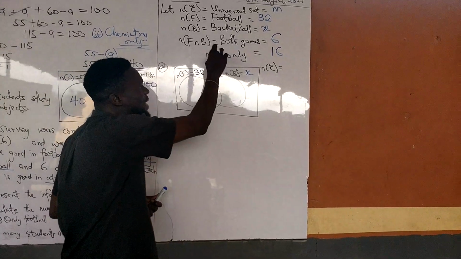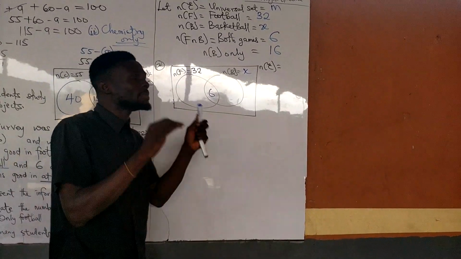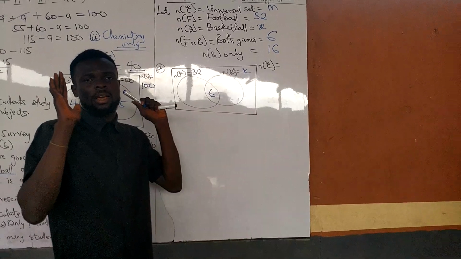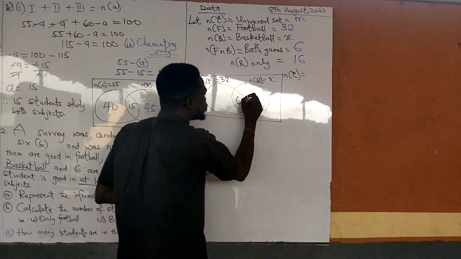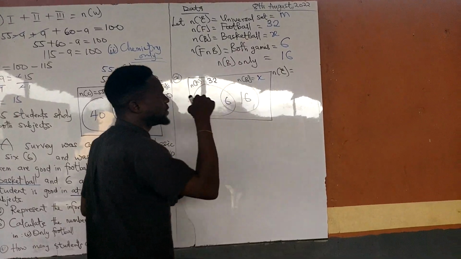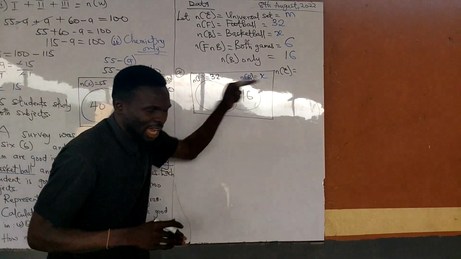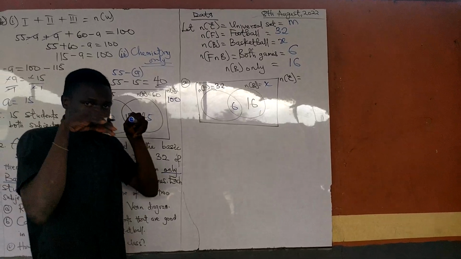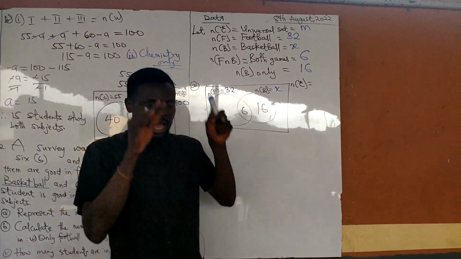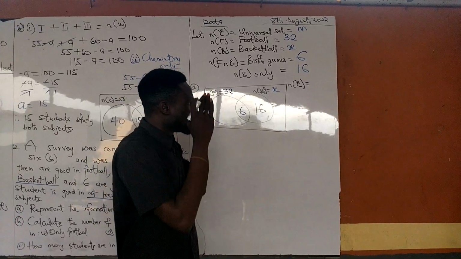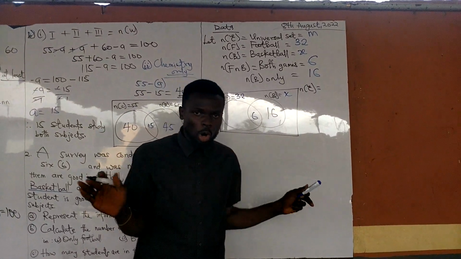And the number B only, which means they played only basketball. Because this is only, you just bring it straight forward to the only position of the basketball without subtracting. No, do not subtract, because the question has made it clear for you that 16 are good in basketball only.